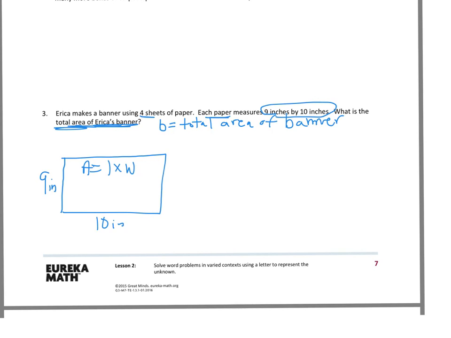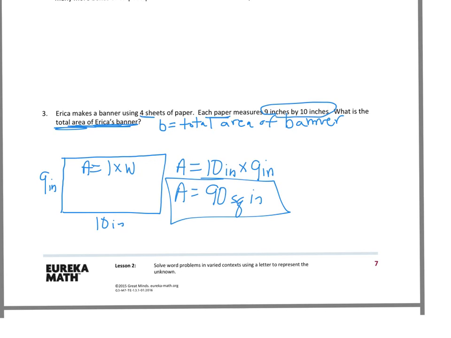So I'm going to multiply the 2 sides there, and I know that I have 10 inches times 9 inches, and 10 times 9 will get me 90 square inches. So that's not all I have to do. That's for one banner.